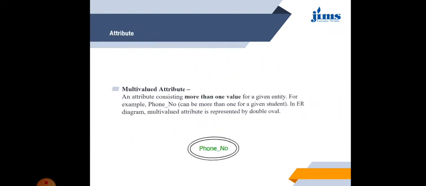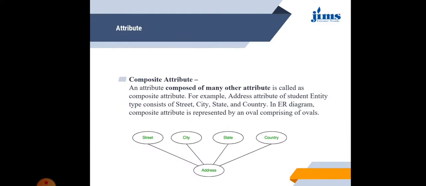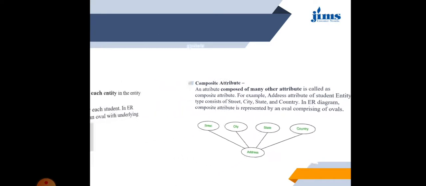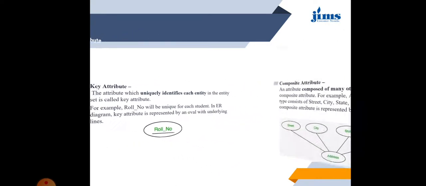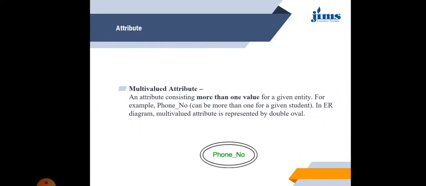composite attribute, which should be made up of three or four attributes. Suppose the address can be made up of street, city, state and country, so that is a composite attribute. After that there is another attribute known as the multi-valued attribute. Multi-valued attributes are represented by a double oval shape, and multi-valued means any attribute which has more than one value for a single entity.